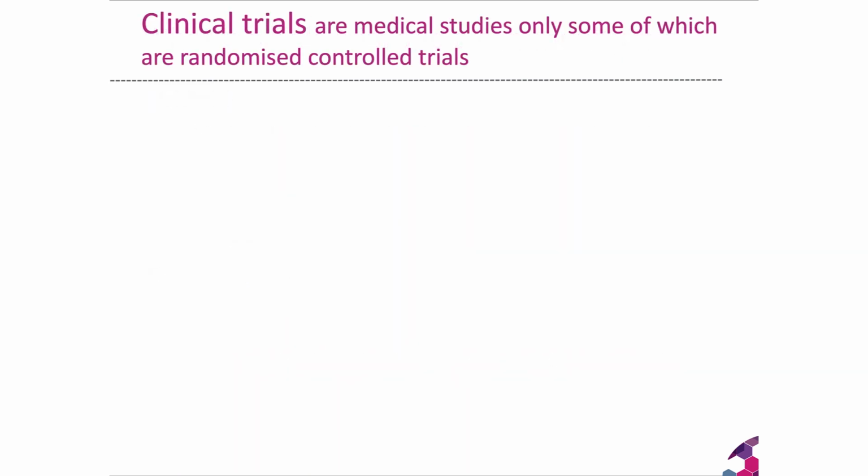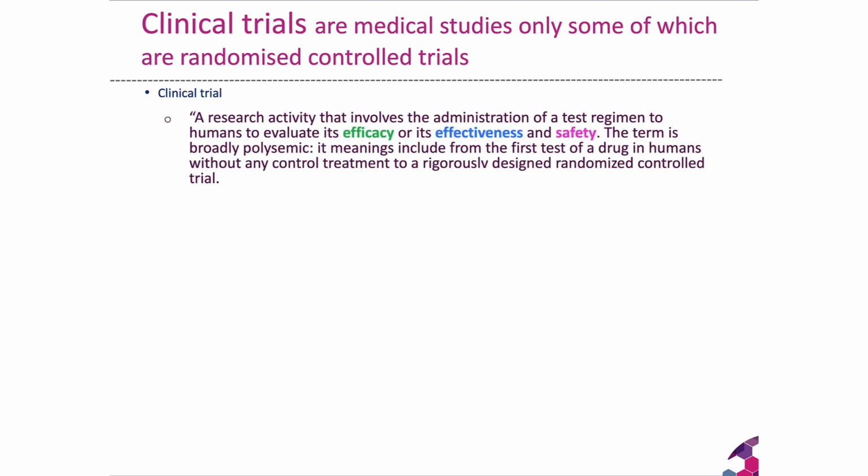Clinical trials are medical studies, only some of which are randomized controlled trials. A clinical trial is a research activity that involves the administration of a test regimen, often a drug treatment or a vaccine, to humans to evaluate its efficacy, its effectiveness, and its safety. Efficacy and effectiveness are generally seen as the same thing.